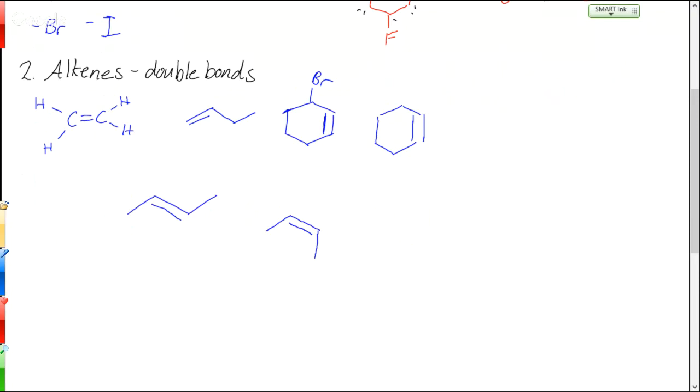So there's that first one that I drew, and I can't twist it to make the other one. If that were a single bond, I'll just loosen it, I'd be able to twist it, and those two would interconvert. Those two would be the same thing. But because it's a double bond, it's locked in place, and those two are actually different structures. So I can't make the other one this way, unless I actually pull this one apart and stick it on the other side.